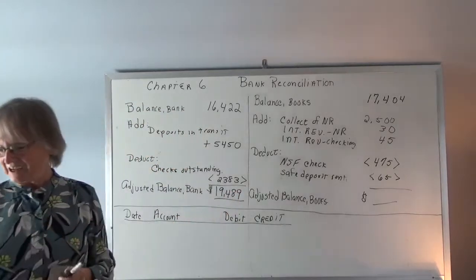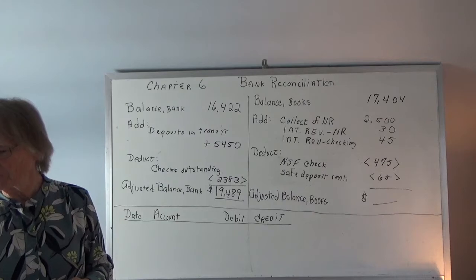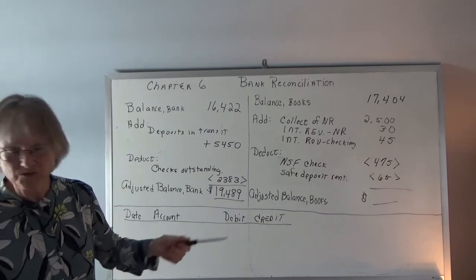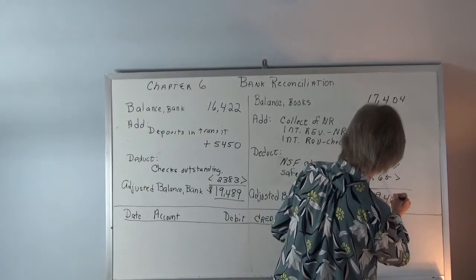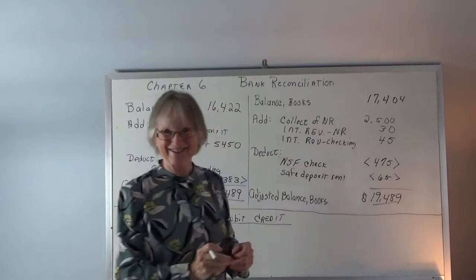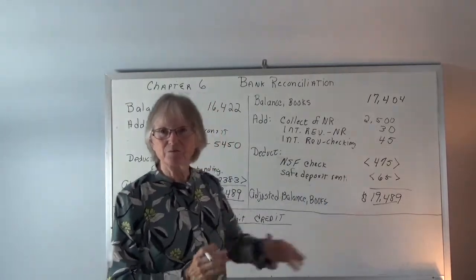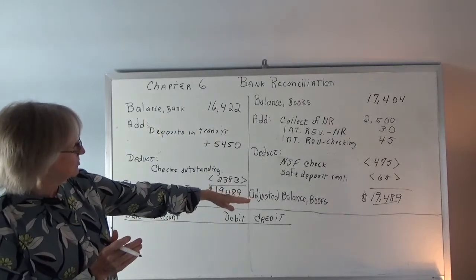Okay. Then we come down to the book side, and when we add and subtract all of these, we get 19,489. What a coincidence. Okay, so this means that we have reconciled the balance per bank with the balance per book.